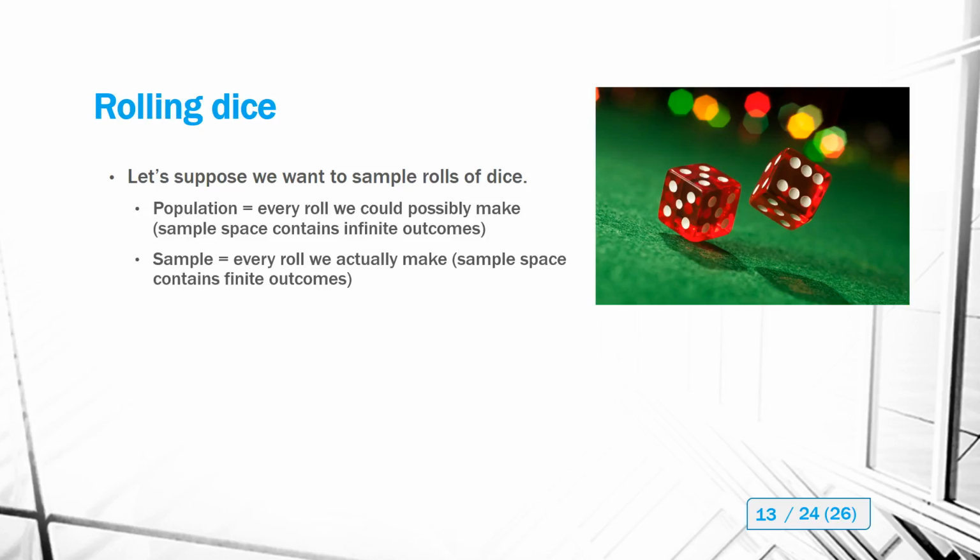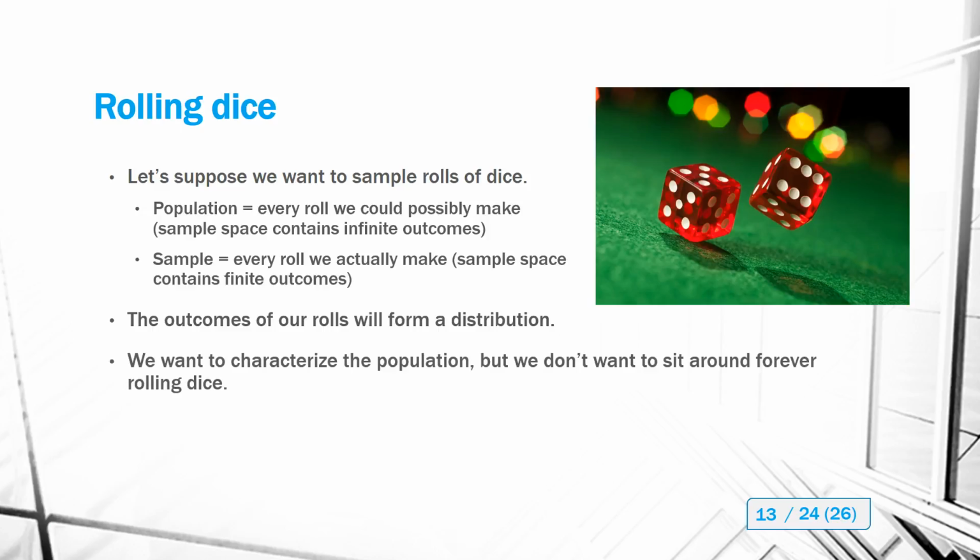So our sample space is going to contain a finite number of outcomes, and it's going to be small enough that we can actually manage it without having to sit around and roll dice forever. Now, the outcomes of our rolls, we're going to collect them together and they will form a distribution. This distribution will then give us characteristics about the population that we're trying to characterize. As I said before, we do want to characterize the population. We don't want to sit around forever rolling dice.